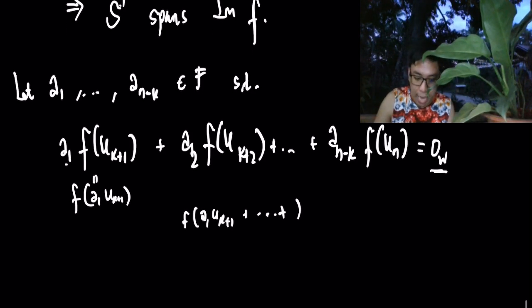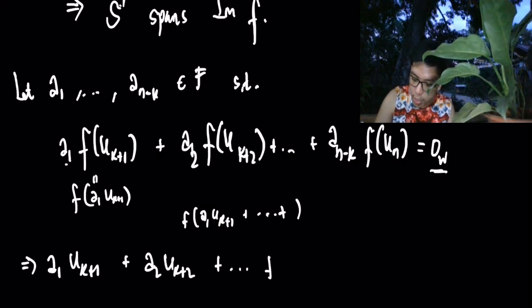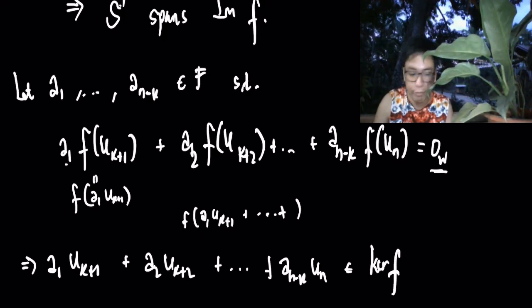Okay? Which implies that A1 UK plus 1 plus A2 UK plus 2 up until AN minus K UN, this sum here, is actually an element of the kernel of F.